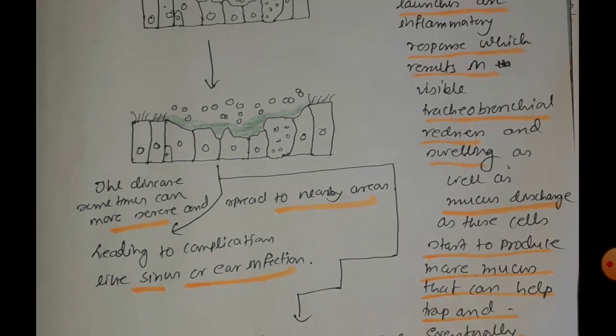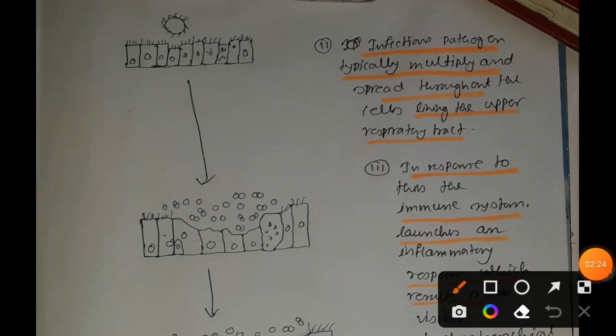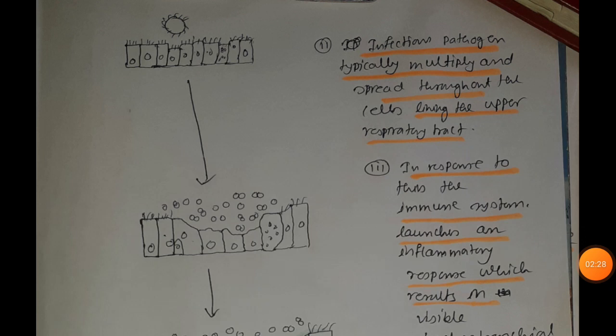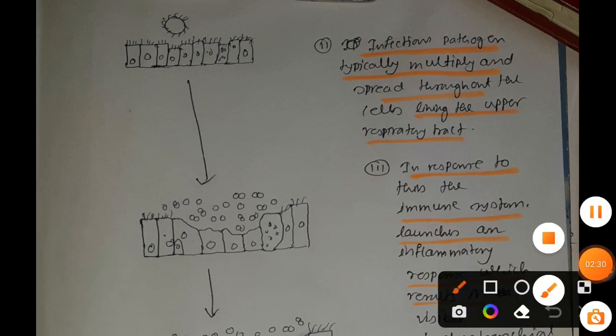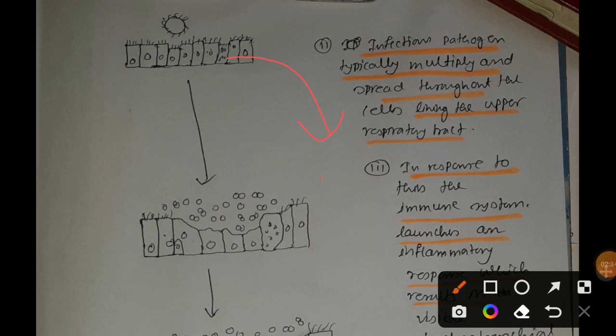So the first thing is, upon getting entry inside the host, they will enter the upper respiratory tract and they will multiply and spread throughout the cells lining the upper respiratory tract.